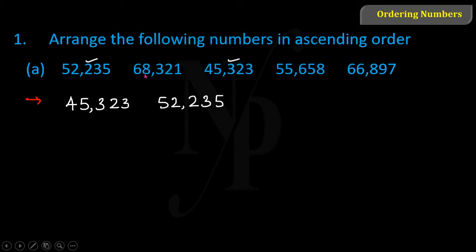In this number and in the last number there is 6 in the 10,000's place, and in this number there is 5. Therefore this is smaller than the other two, and we write 55,658 in the third place.